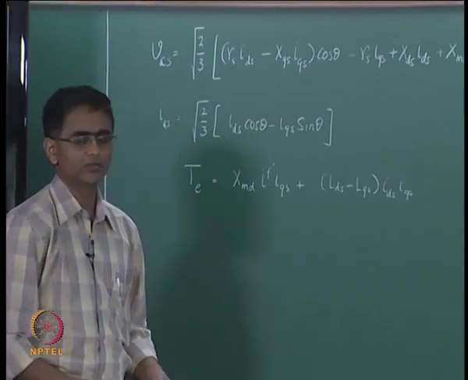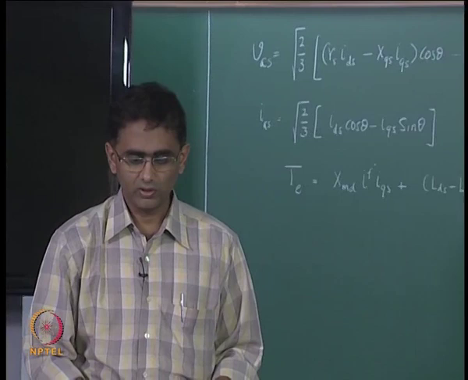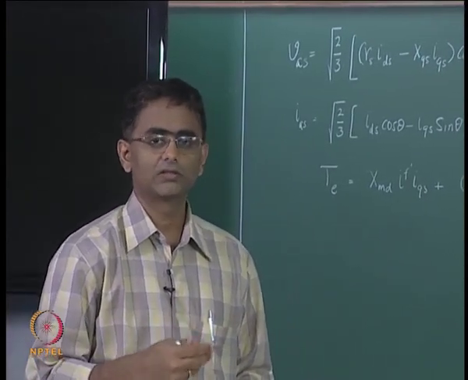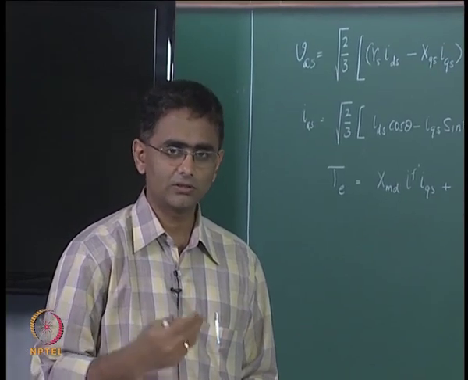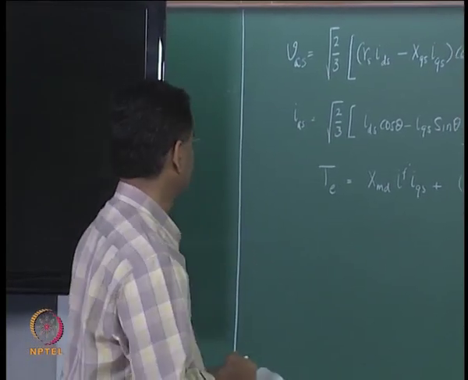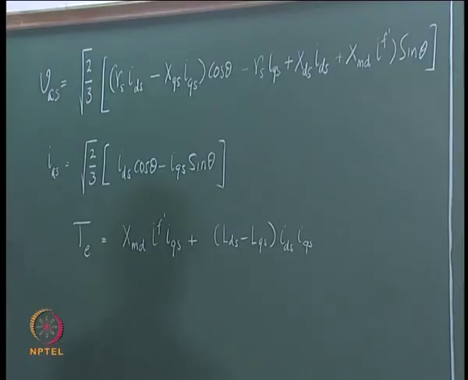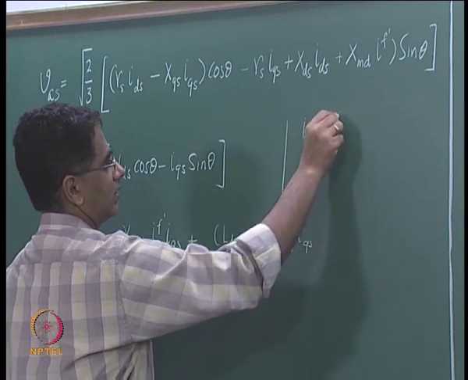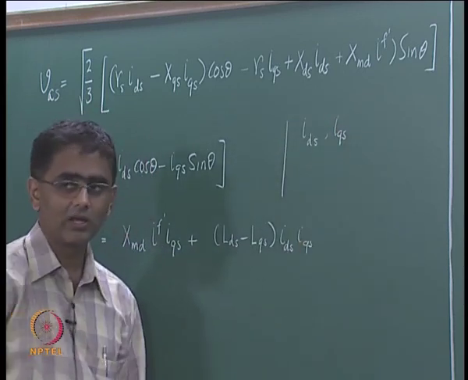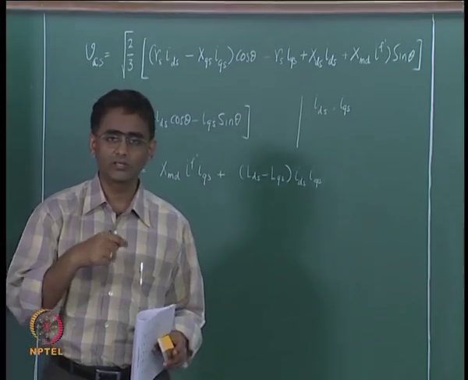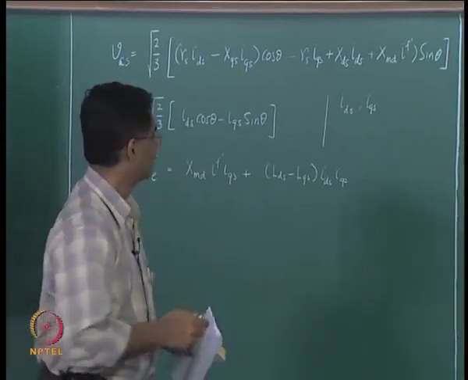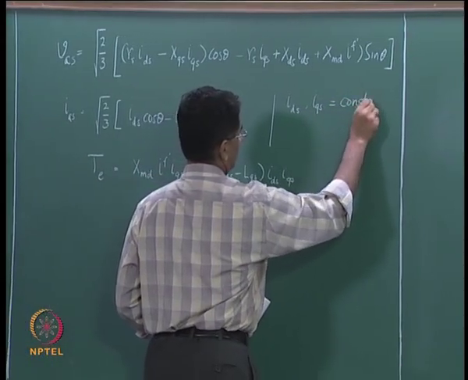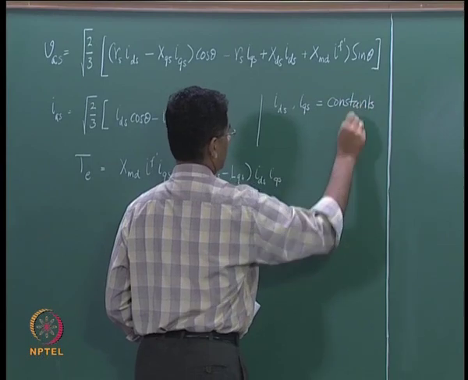So these are the three expressions that we landed up with when we converted the dq axis differential equations to the steady state formulation. In this formulation, IDS and IQS, since they are variables in the synchronous reference frame, are essentially constants at steady state, DC variables.